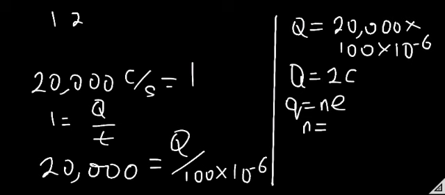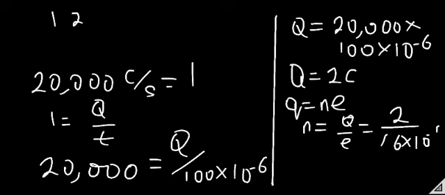When we make N the subject of formula, it becomes Q over E. Q is 2, and E is the electron charge, 1.602 times 10 raised to power minus 19. So N will be equal to 1.25 times 10 raised to power 19 electrons.